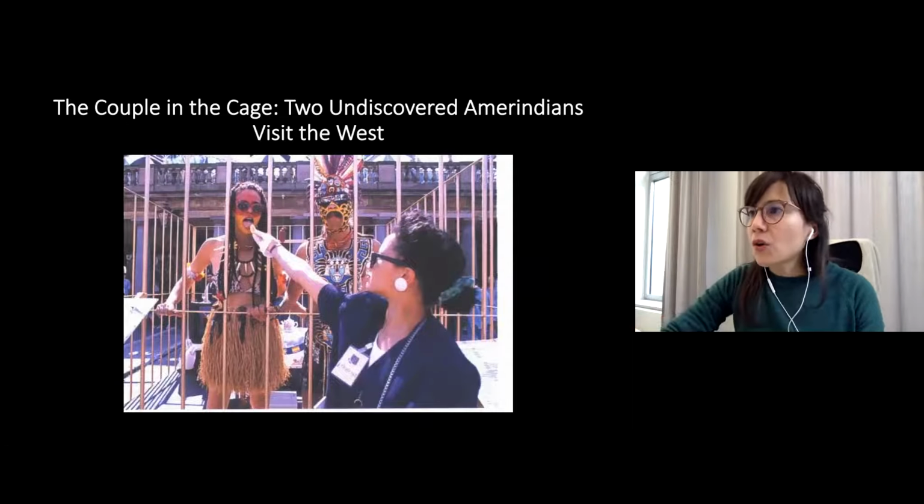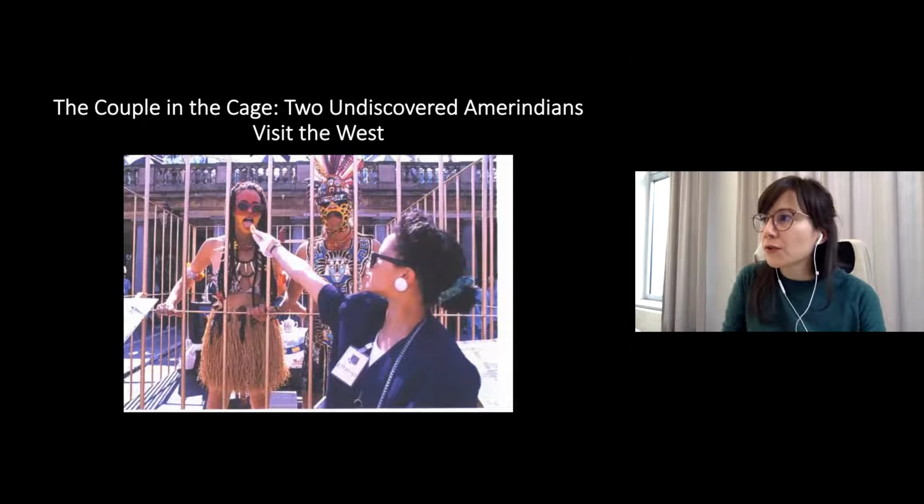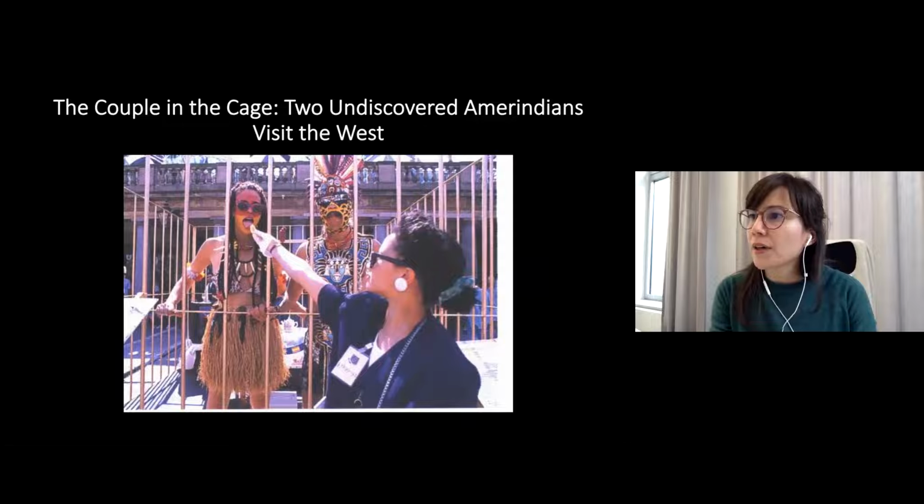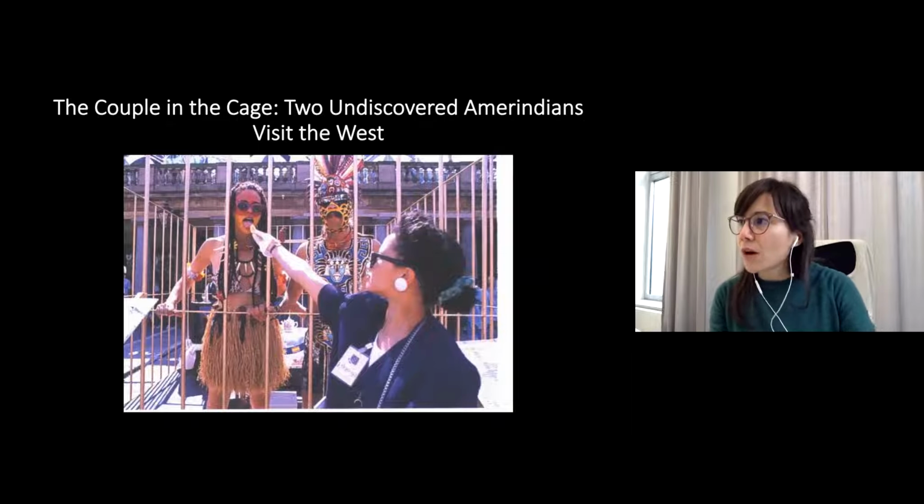So artists Coco Fusco and Guillermo Gomez Peña featured themselves as representatives from an undiscovered island near the Gulf of Mexico and spent hours at a time in different museums around the world.